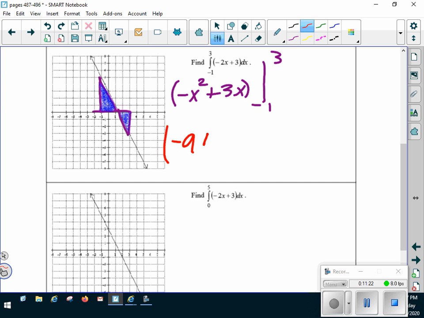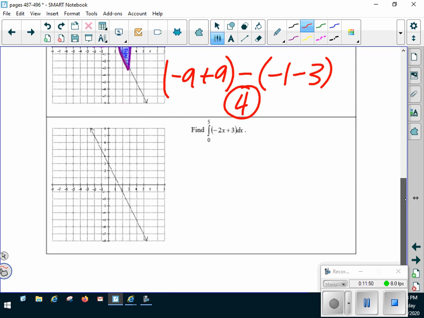What's that, negative 9 plus 9? Is that right? Minus negative 1 minus 3. Is that right? Negative 9 plus 9 minus negative 1 minus 3. Yep, 4. Yes? No? Yep. Okay. Next one.